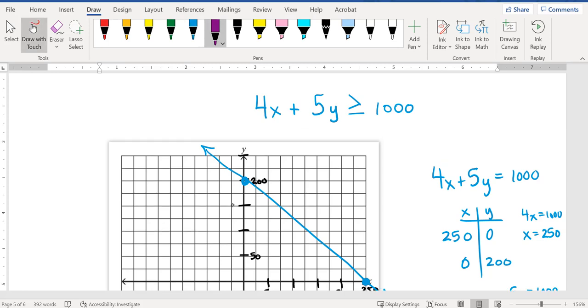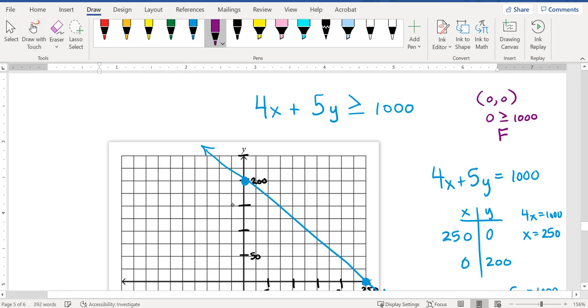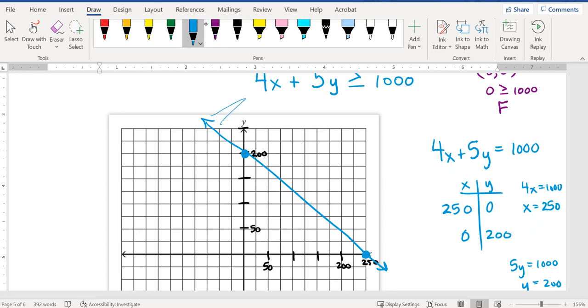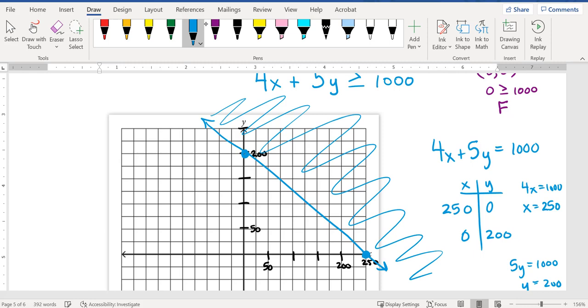Now I want to do a test point. If I pick 0, 0 as my test point, if I plug 0 in for x and 0 in for y, I get 0 greater than or equal to 1,000. That is not a true statement. That's false. I do not want to shade the half plane that contains 0, 0. So I want to shade this half plane.